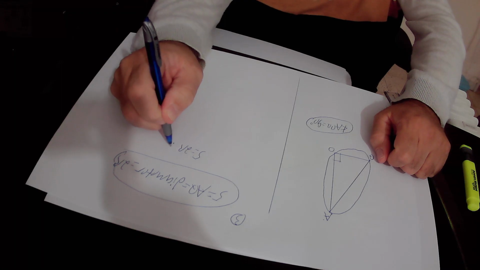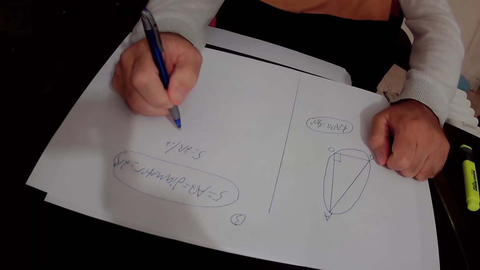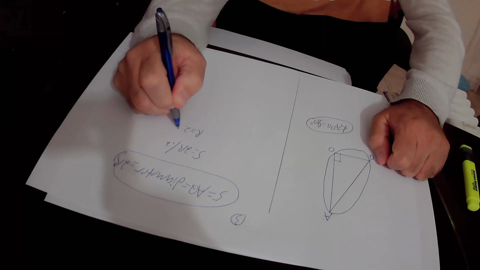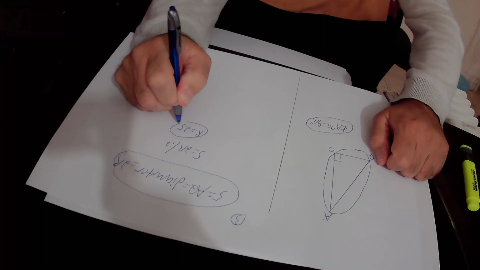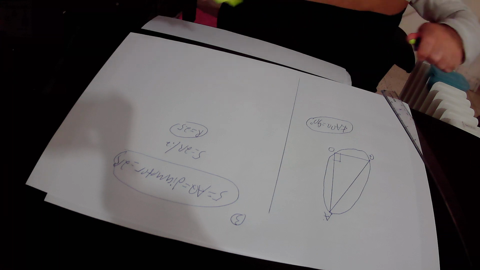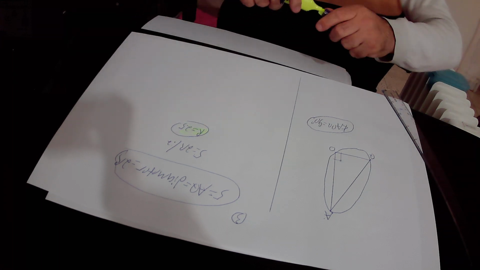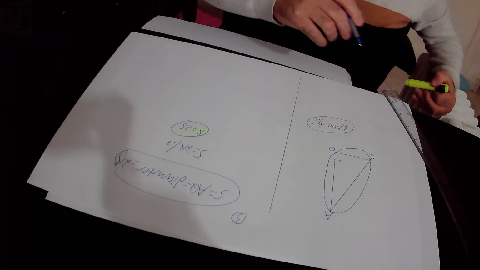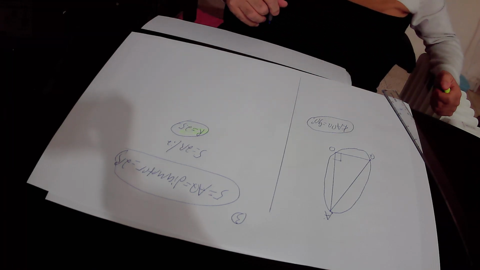We divide this equation by 2, and finally we get that r equals 5 over 2, which is 2.5. R equals 2.5 units in its length. The radius of this circle is 2.5 units.